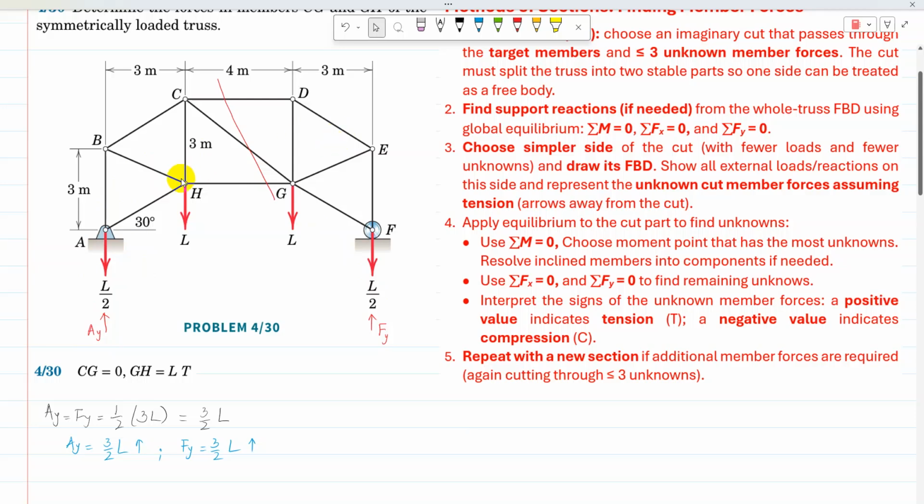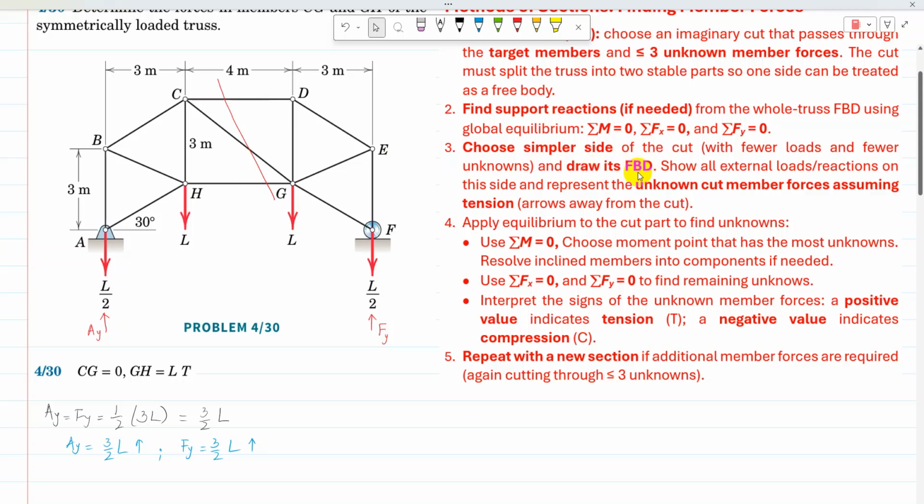So both sides are similar. Both have the same loads and reactions, so the unknowns on both sides are 3.